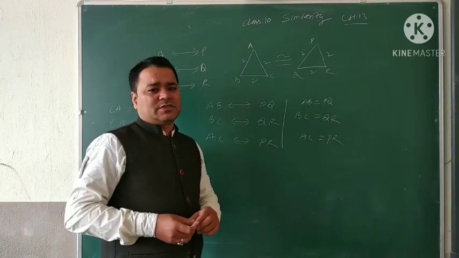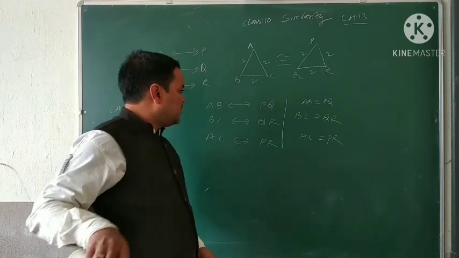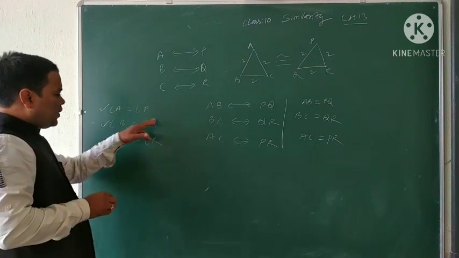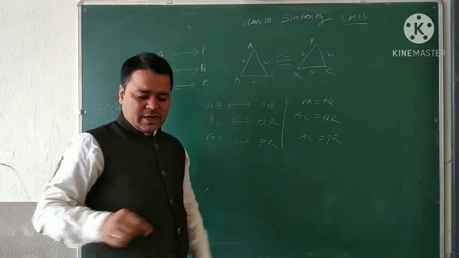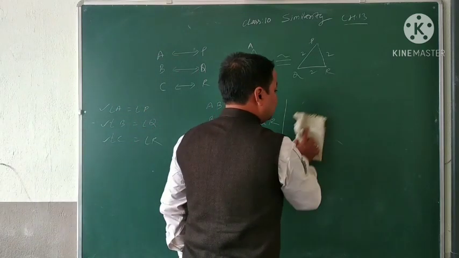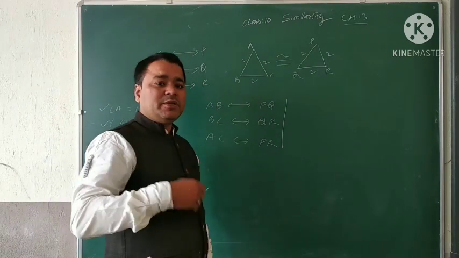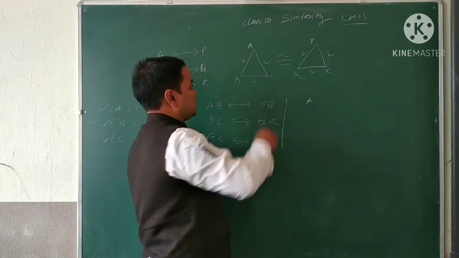But what is the difference in the case of similarity? We should understand. In the case of similarity, this criterion is correct, which means corresponding angles will be equal. But here, instead of the sides being equal, the ratio of the sides may be constant.